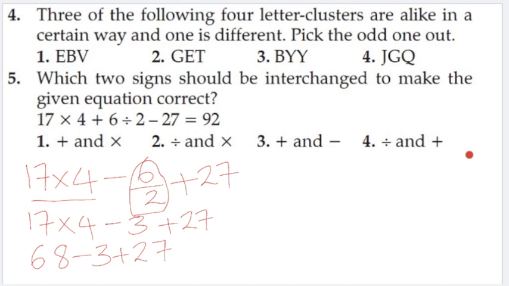So if we do 68 minus 3, we will get 65. 65 plus 27 will give us 92. So this is equal to 92. So that's how the fifth question is done. So I hope you're clear with both these questions.